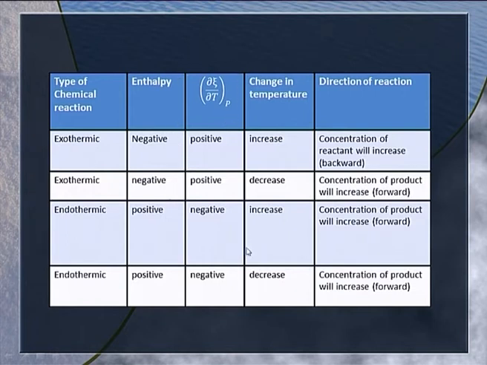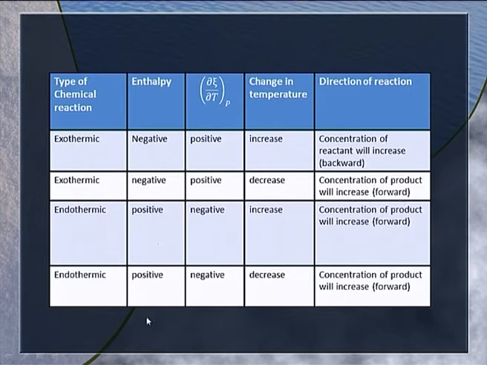This term has to be positive if the temperature is increasing and the concentration of the reactant will increase. So, it is going in a backward direction. If we have an exothermic reaction, the enthalpy is negative, this term ∂ξ by ∂T is positive, and with a change in temperature, the concentration of product will increase, forward.